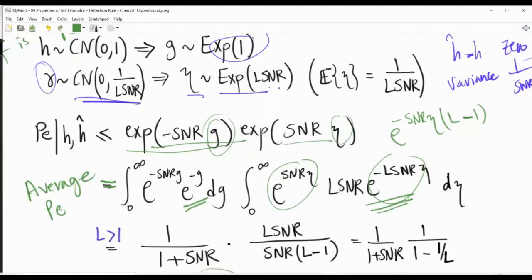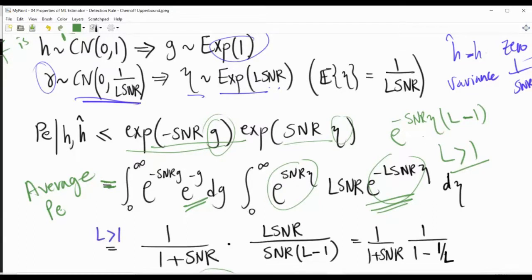Okay, now if L is equal to 1, if you transmit just one pilot symbol, this will be e to the 0, which is 1, and this integral will explode. So we need L to be strictly greater than 1. So our upper bound will basically shoot to infinity if we put L equals 1. And so for this integral to converge, we will need L to be strictly greater than 1.